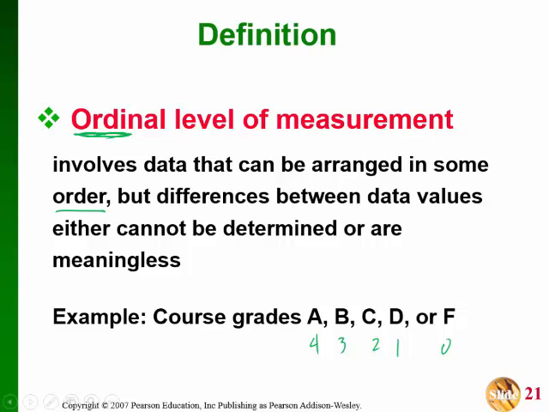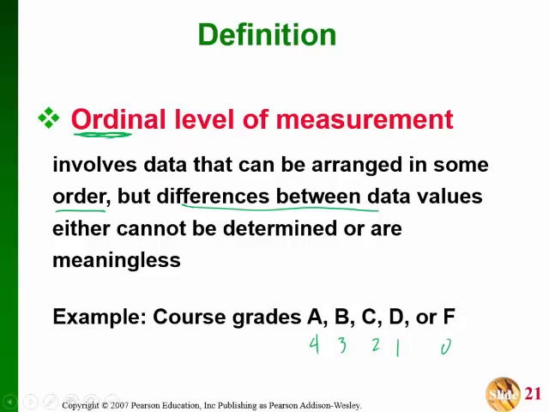And like I said, I'll see if I can get a picture of this thing where it talks about the different levels of things. So ordinal is something that you can place in order. But the differences between values cannot be determined. So there's a D and an F. There's a missing E here.